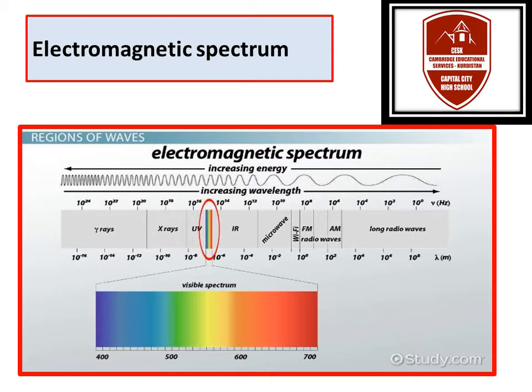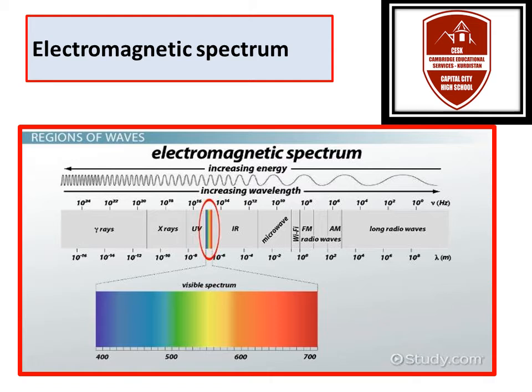This is the range of visible light. So with visible light, we can see the colors of the wavelength.